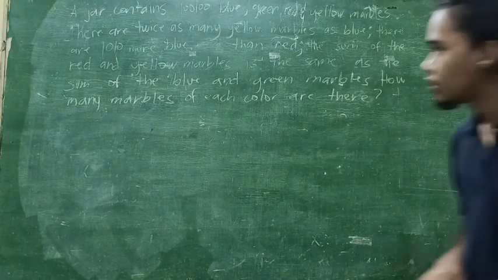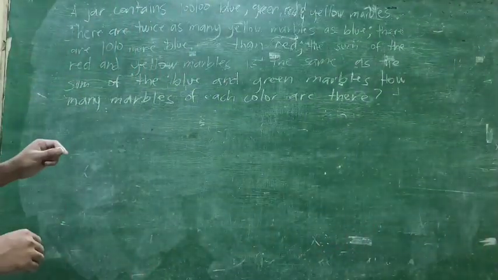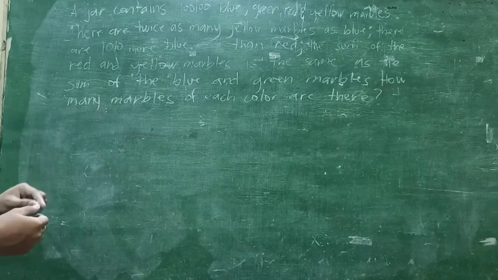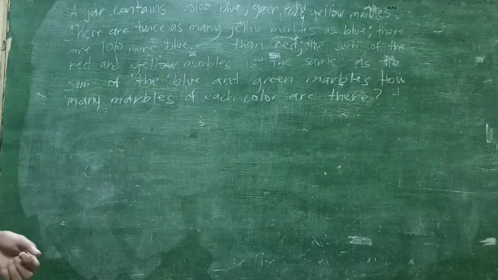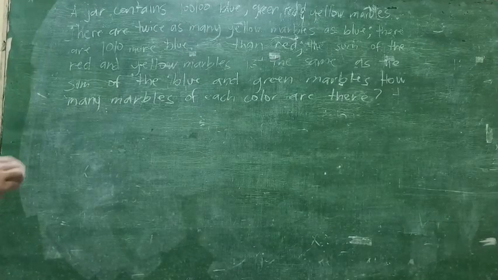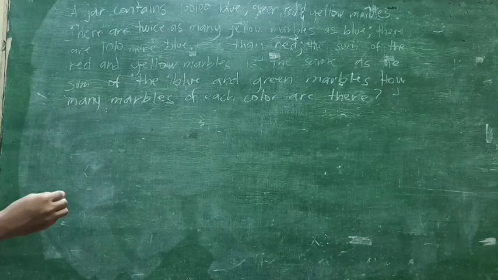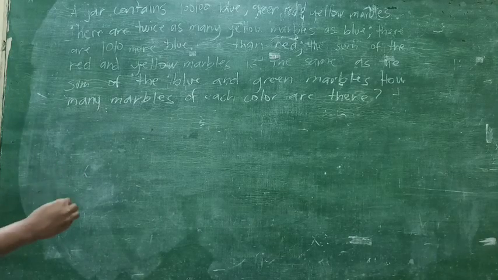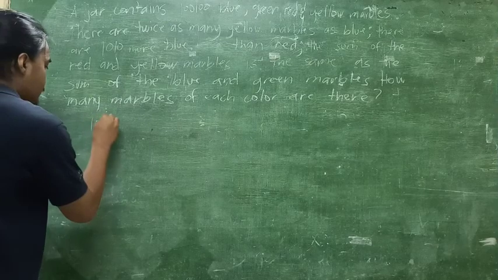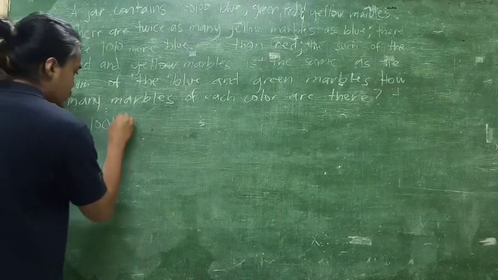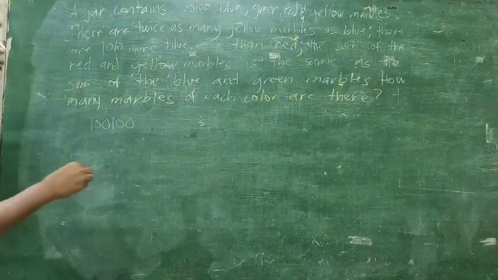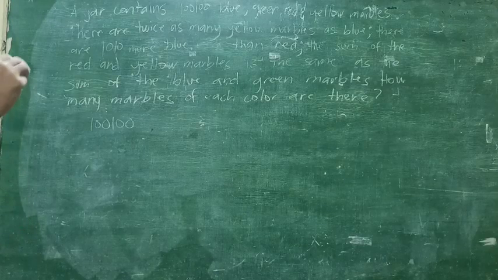So first, let us label the missing variables. Okay, so it is said that there are 100,100 blue, green, red, and yellow marbles.